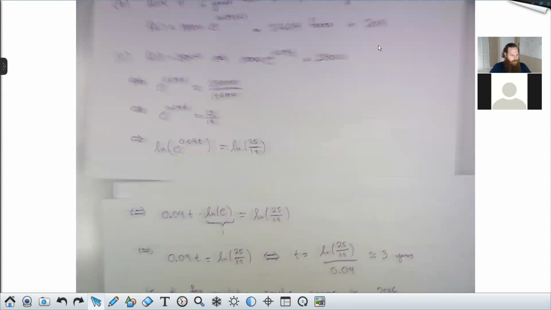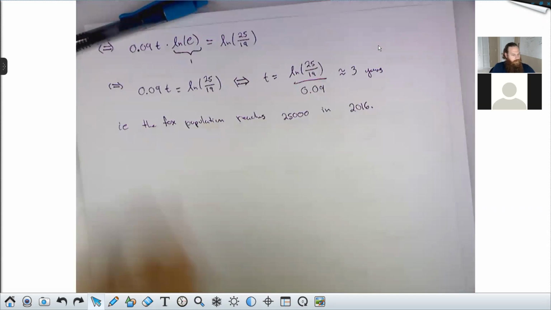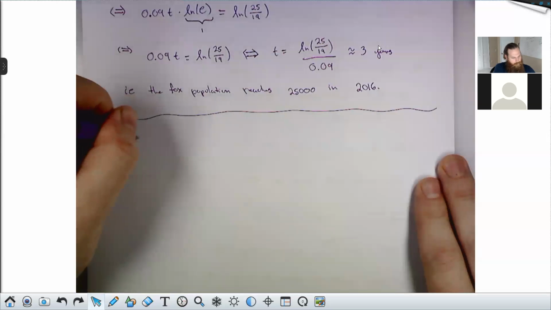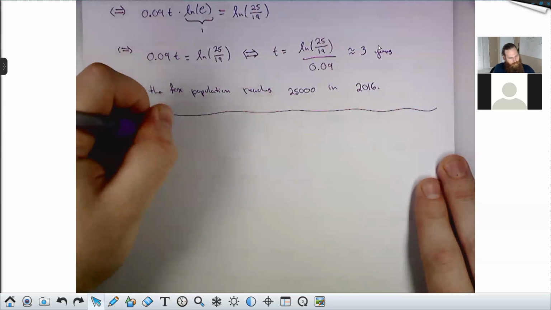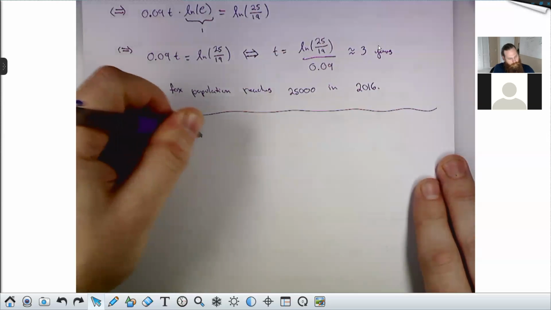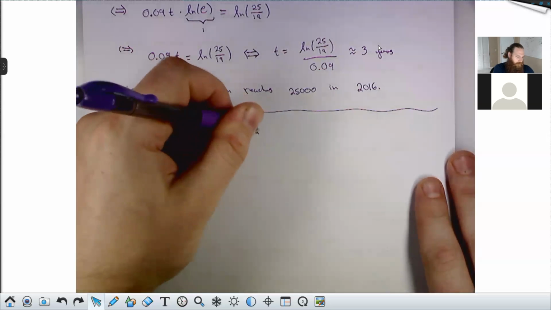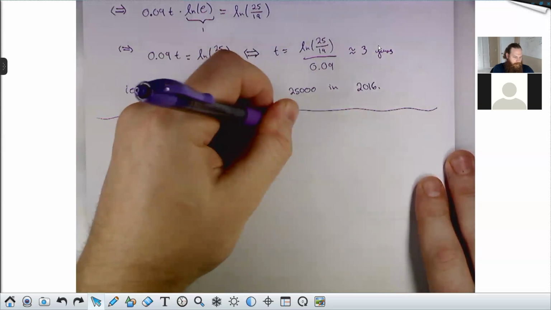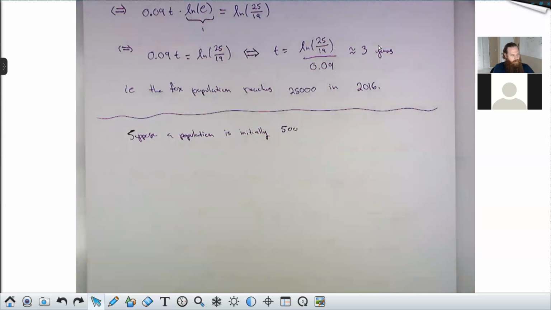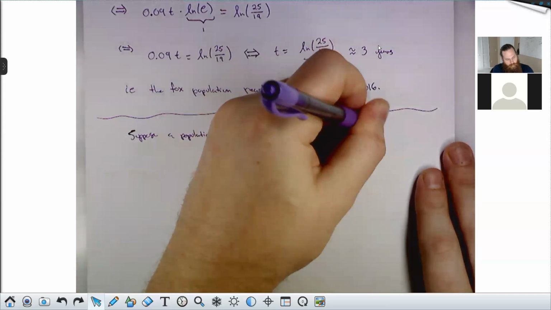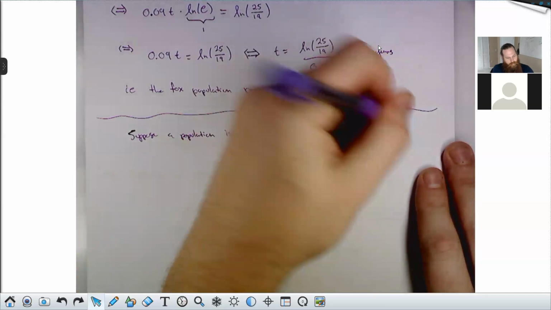So we're going to do one more little example, and then we can do whatever you guys like with the rest of the time. So suppose a population is initially, I'll say 500, let's just keep the numbers nice and tight, and doubles every 7 years.